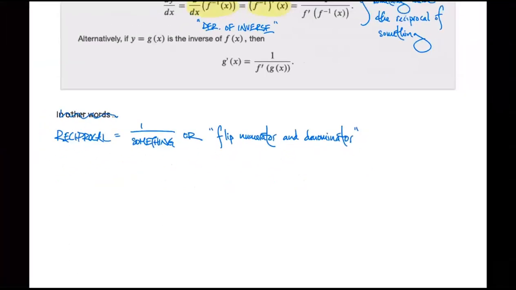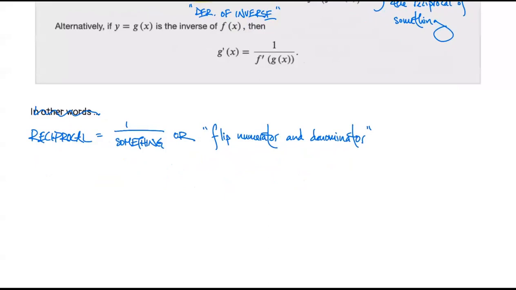Okay, so a reciprocal means 1 over something, or you flip the numerator and denominator.